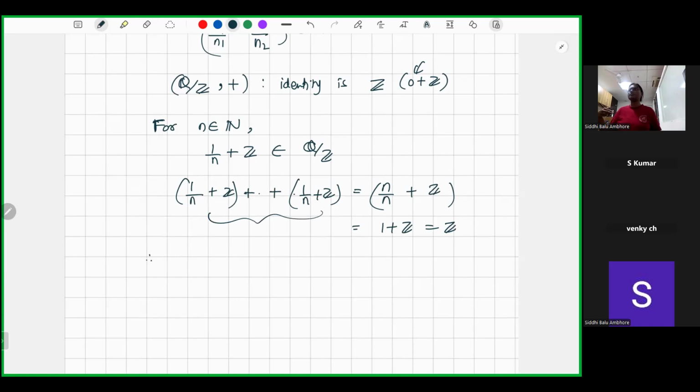You can't reduce the order. For any m less than n, m by n will always be less than 1, so we have to add it at least n times in order to get this to be 0 of my quotient.